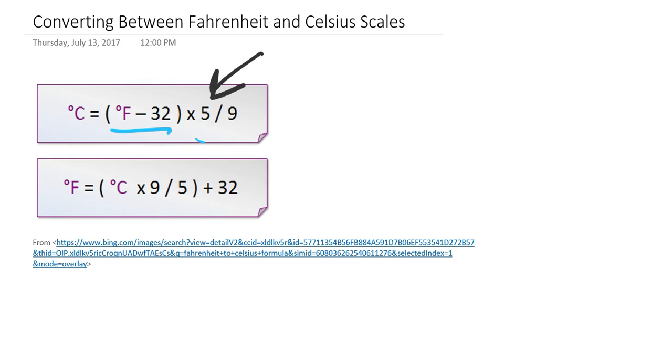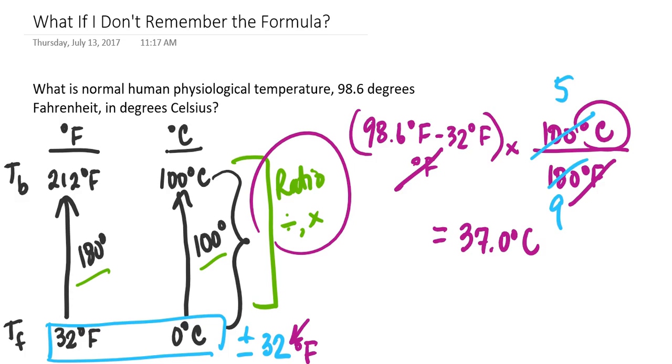Now we know where that comes from, and multiply by this ratio of 5/9. And based on our discussion and the analysis of units, you can see exactly how that formula is derived.